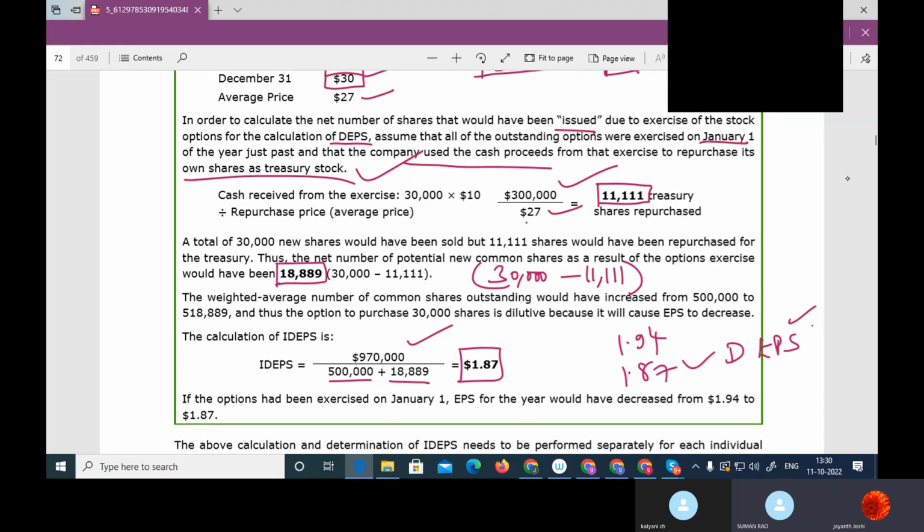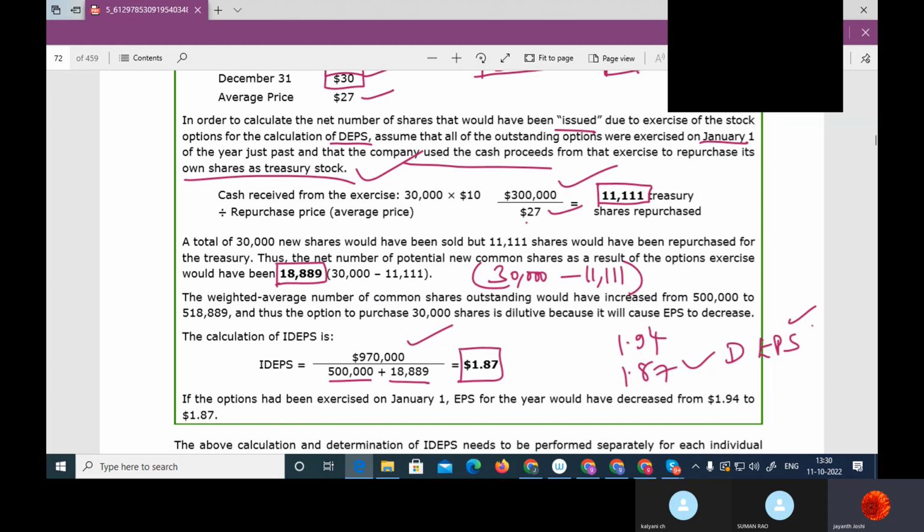So one thing: when it is diluted, then only we will calculate in terms of the additional information given, right? When we are calculating basic, we will take the basic things. Like you have to find net income and income available to common shareholders. That's it.